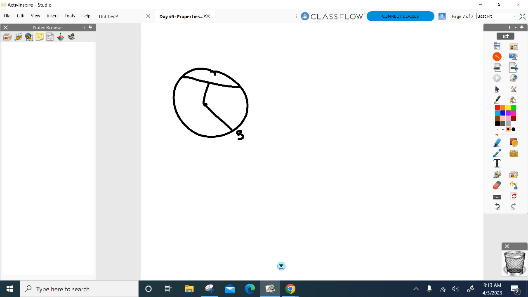Awful diagram. And there should have been, is there a right angle symbol there? Yep.